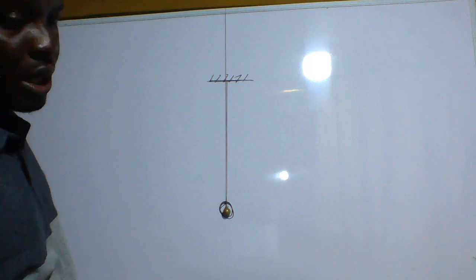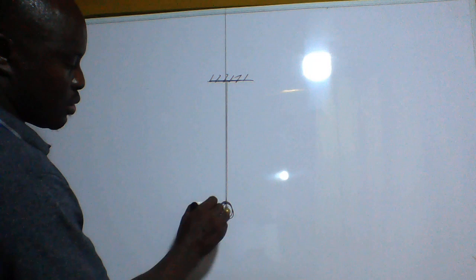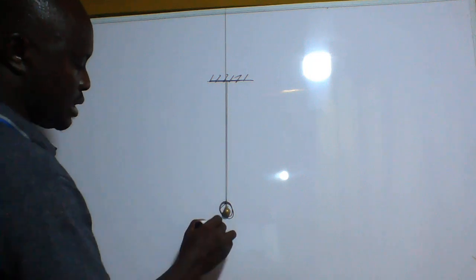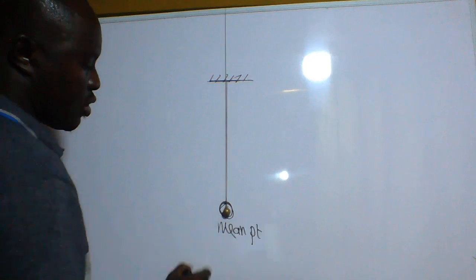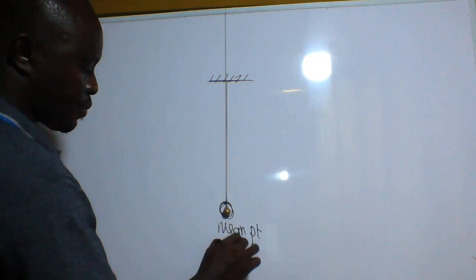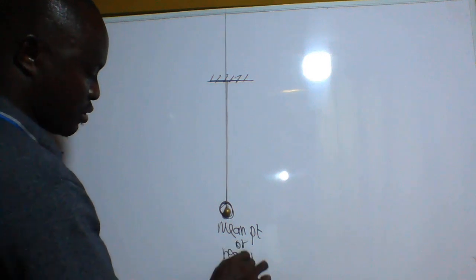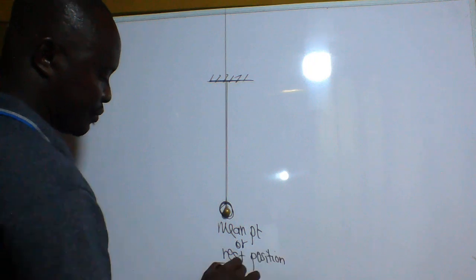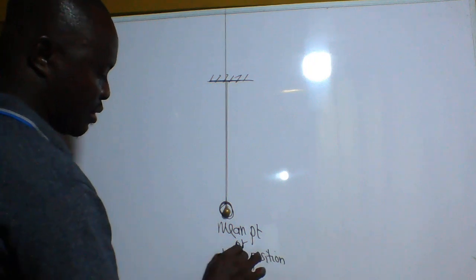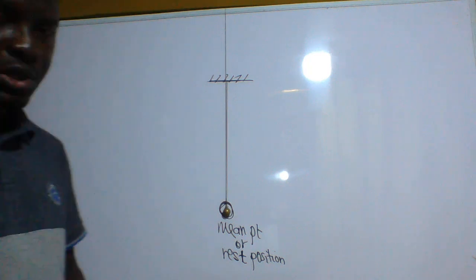Now, the point where the object is stationary is what we call the mean point, the rest position, or the equilibrium position.